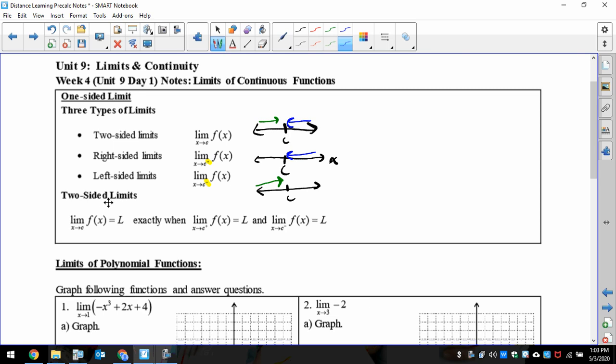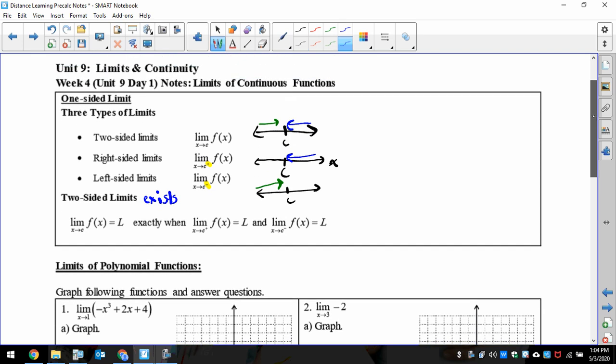For the two-sided limit specifically, we say that the limit exists, I think I might have taken out the word exists, so it equals L exactly when the left-hand limit equals the right-hand limit. If the left and right meet up at the same height on the graph, then we say the limit exists.